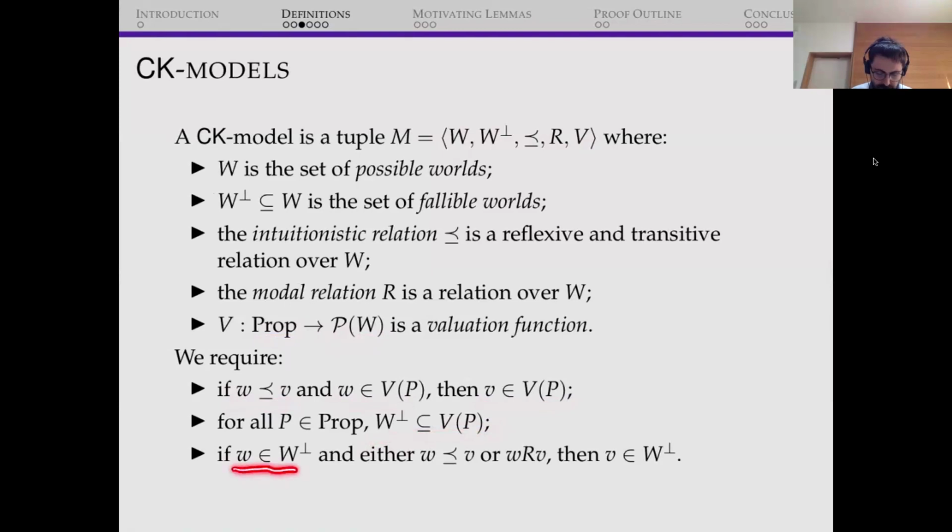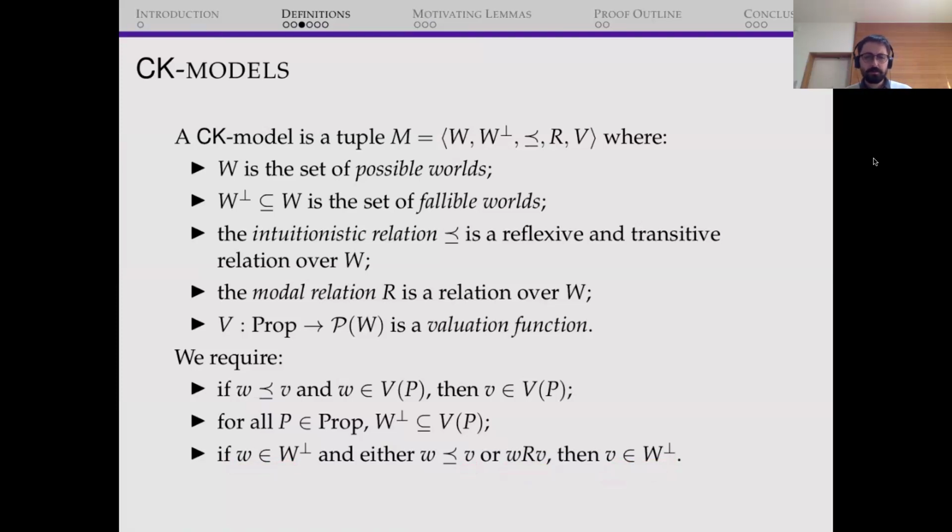And we also have that this set of fallible worlds is going to be closed under both of the relations. So if W is fallible and you can access V, then V is also fallible. Or if you can modally access it, then V is also going to be fallible. So it's essentially like this.